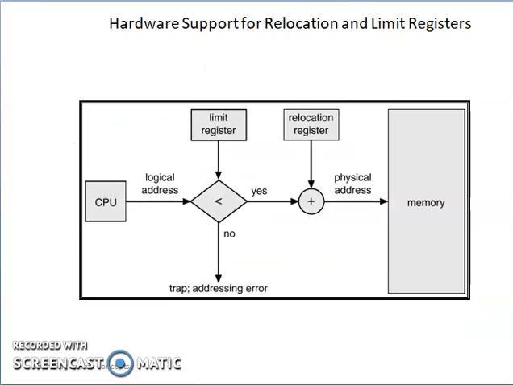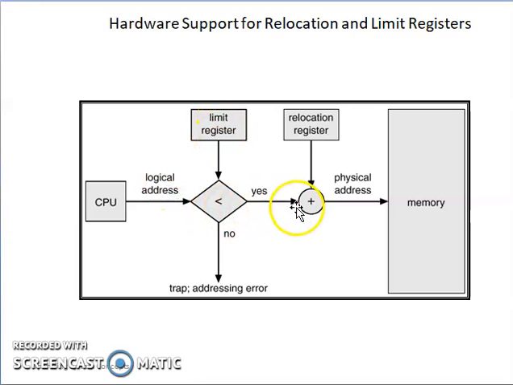So this arrangement is shown in this diagram. The CPU has a logical address. The logical address should be less than the limit register's value, that is the total memory which is allocated to the PCB. That should be more than the logical addresses that are contained in the instruction.